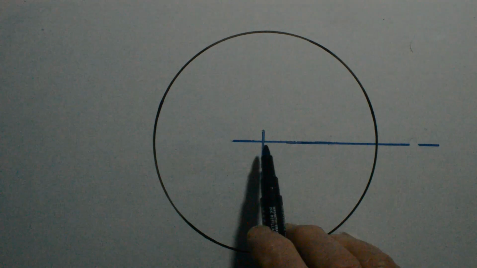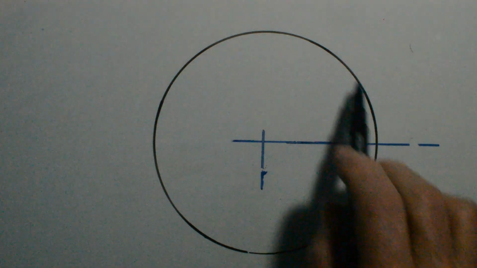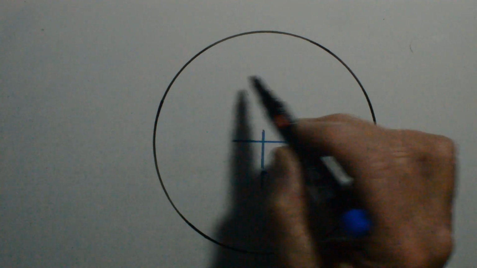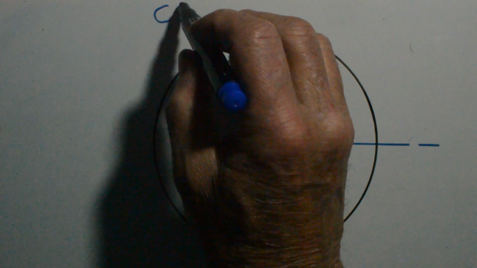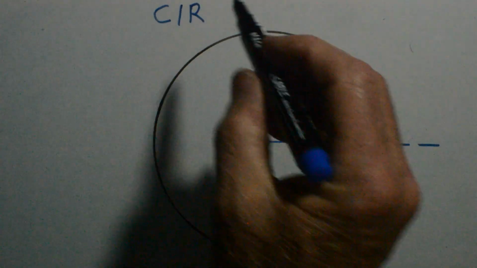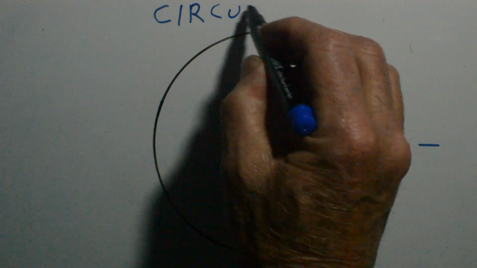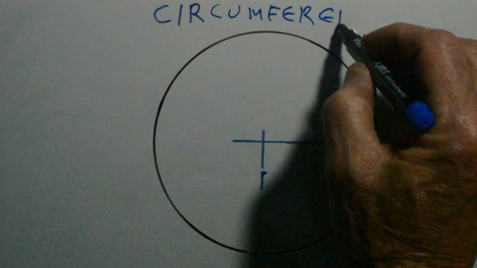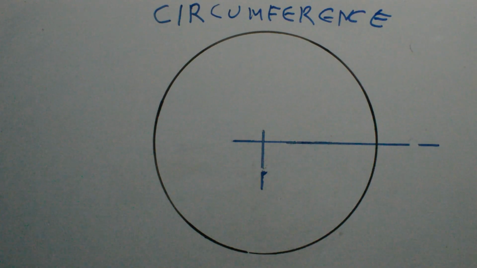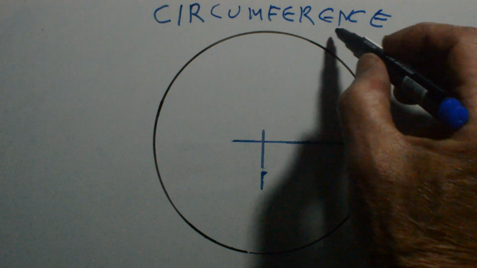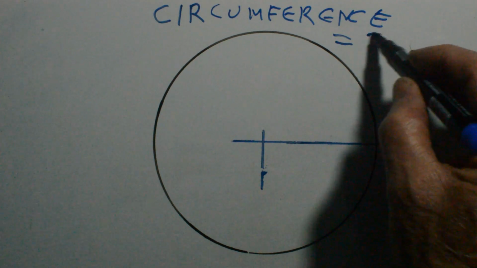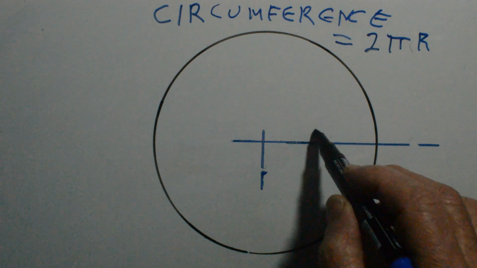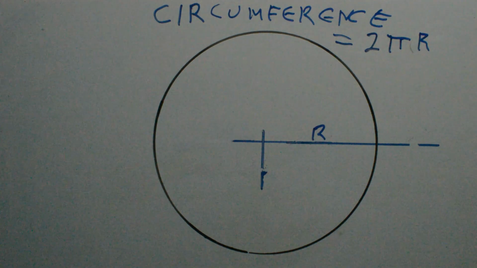The ratio between this length and the length of the whole circumference is 2 pi. So circumference equals 2 pi r, where that's r.